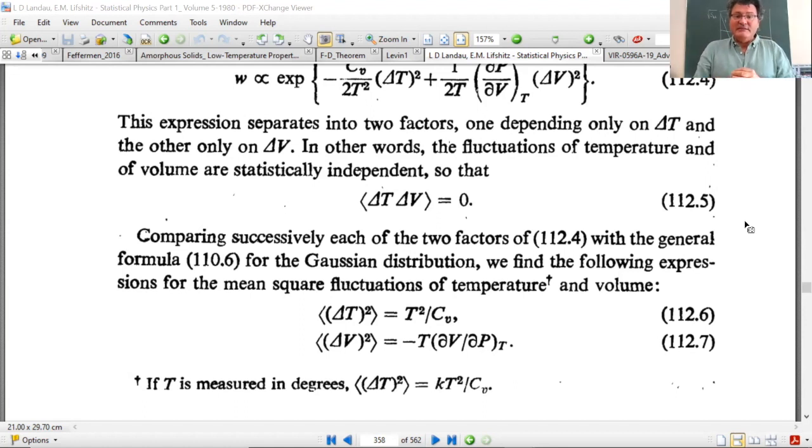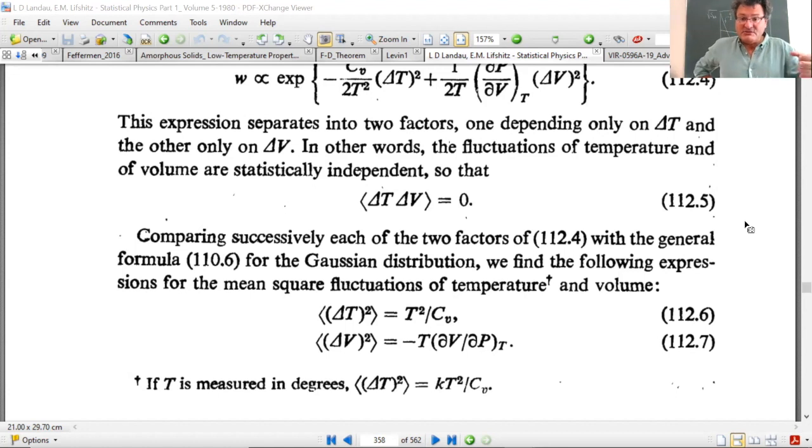Here in the Landau-Lifshitz book, for example, the authors are calculating the magnitude of fluctuation related to two variables. The variables they are considering, and they're quite important for us, are the temperature and the volume. Temperature and volume are fluctuating because the temperature is the mean energy of our system.